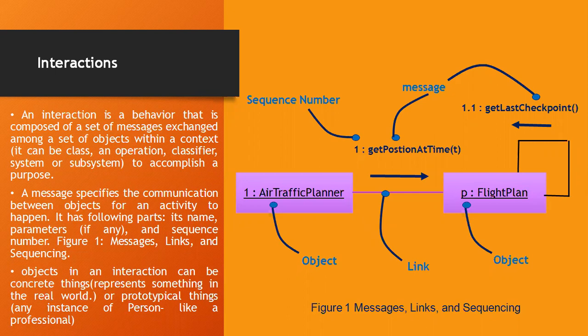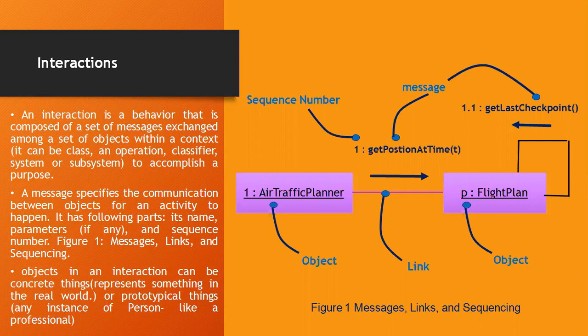Here a message is a specification of collaboration between the objects that conveys the information with the expectation that these activities will ensue. So a message specifies the communication between the objects for any activity to happen, and it has the following parts: its name, parameters and sequence number.